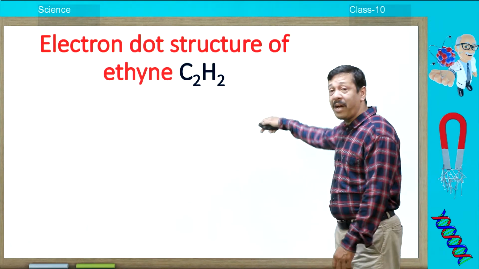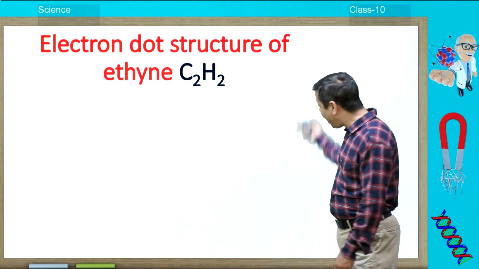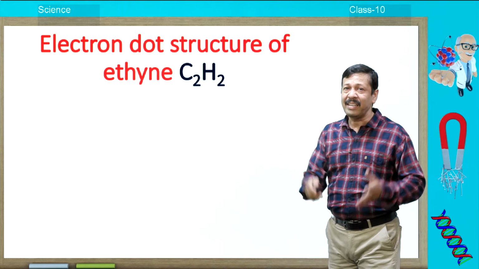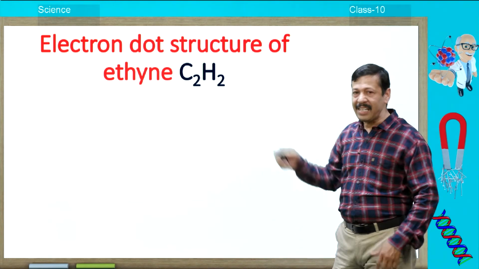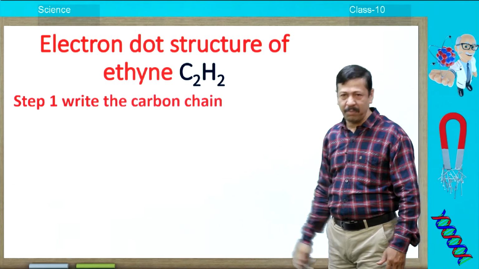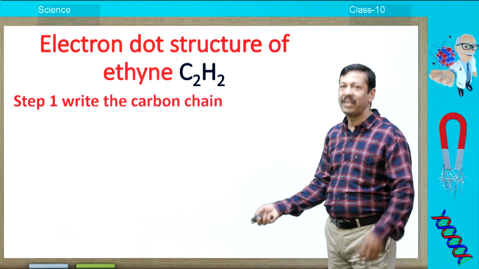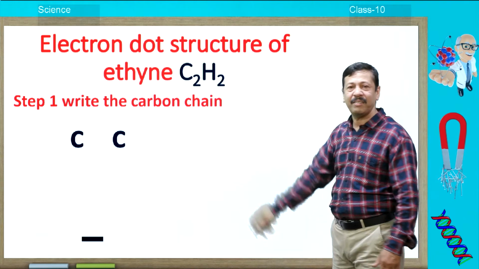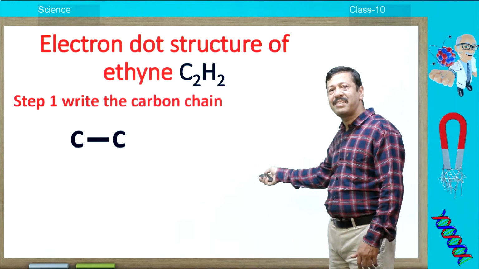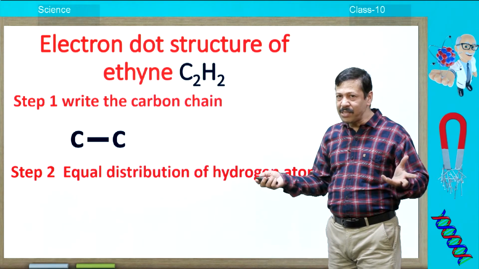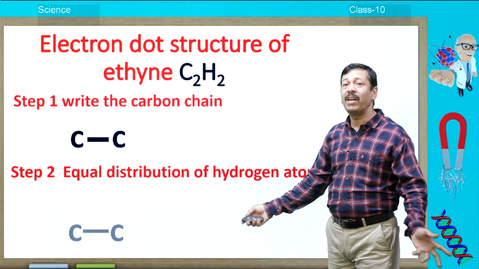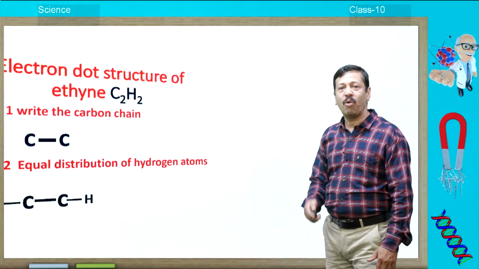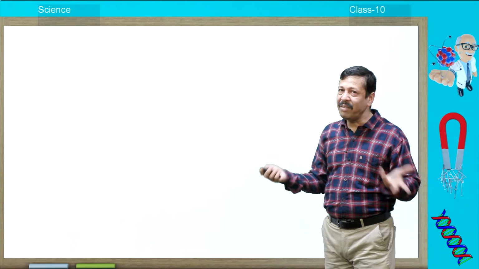let us try to write the electron dot structure of ethyne. Ethyne, YNE, indicates there is a triple bond. It is an unsaturated hydrocarbon. What is the first step? Draw the carbon chain. How many carbons? 2 are there. Now, let us write a single bond. 2 carbons, 2 hydrogens, 1 hydrogen for each. See here. What next? Count the valencies.